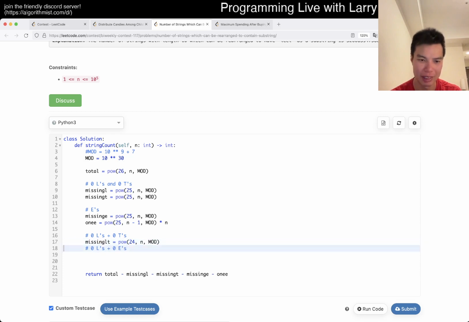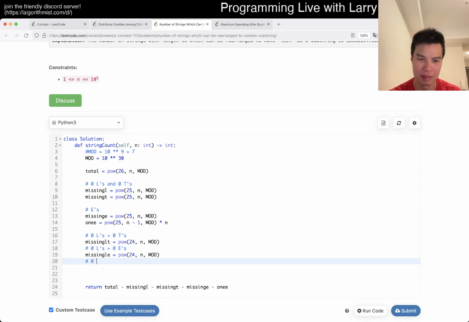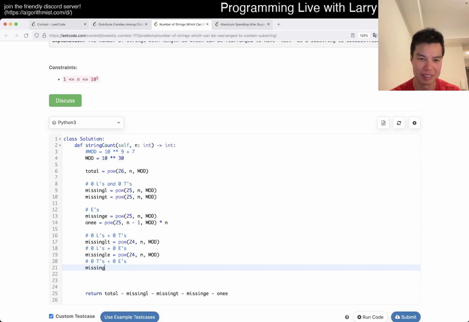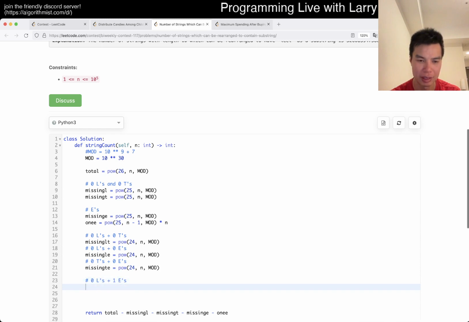I know these are repetitive, but I need to write them out. I feel like if I don't, it's just hard. Maybe we'll simplify it later, but for now, okay. And then the other, right? 0 L's plus 0 T's, oh, so plus 1 E's, right? Yeah. So basically with 1 Y, this is the hard case, right?